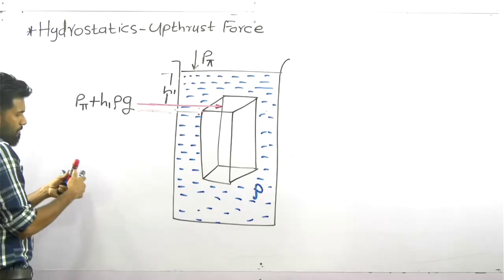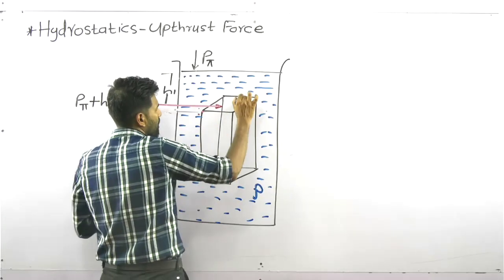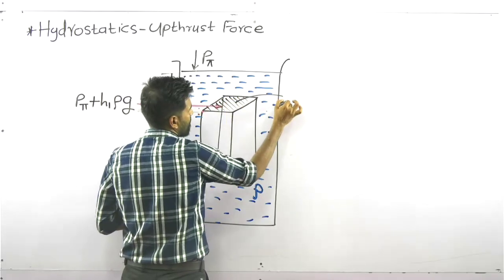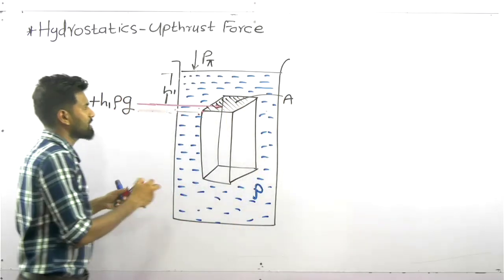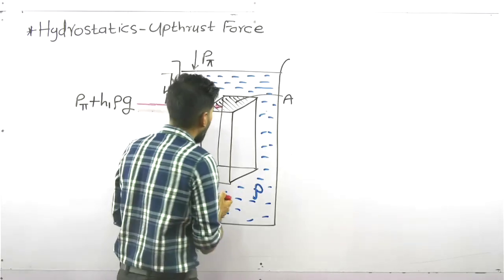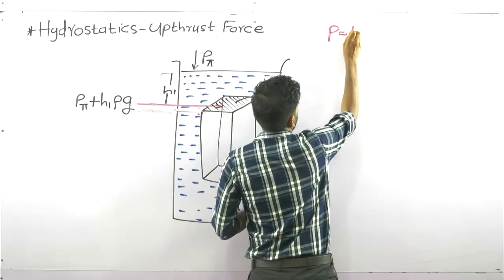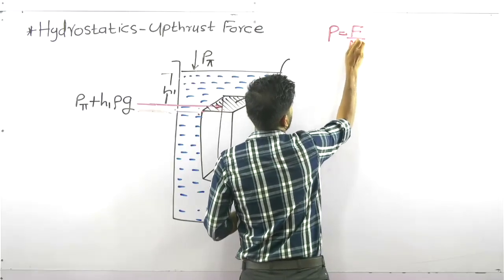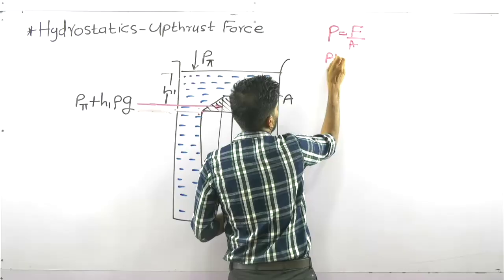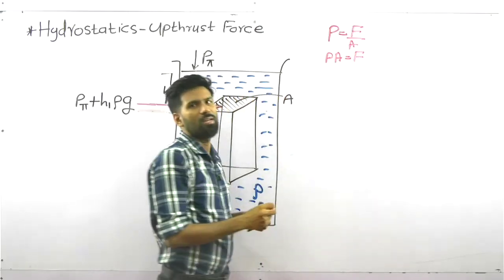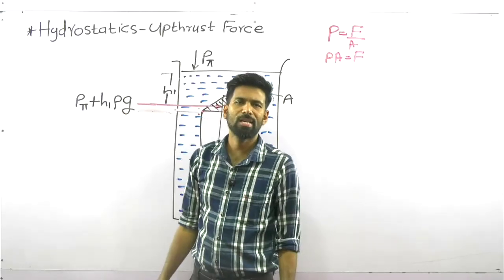If the surface area is A, you have to understand that pressure is equal to force over area. So pressure times area is the force.